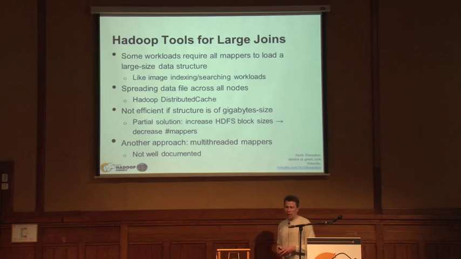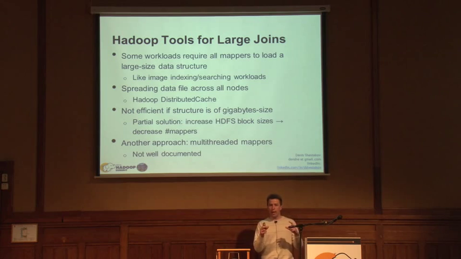Then, what features of Hadoop do we use? For spreading our data structures, the index tree and lookup tables, we use the distributed cache mechanism. I believe it's quite well known, so maybe I shouldn't go into details here.